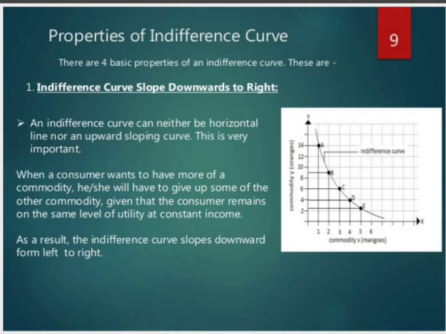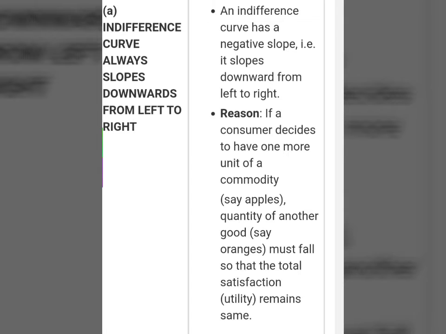Now these are the properties of indifference curve. Basically there are 4, but I have given 5 or 6. First, indifference curve slopes downwards to the right. Why? You can see the curve is sloping downwards. Because if a consumer wants to have more of one commodity, they have to give up the other commodity.